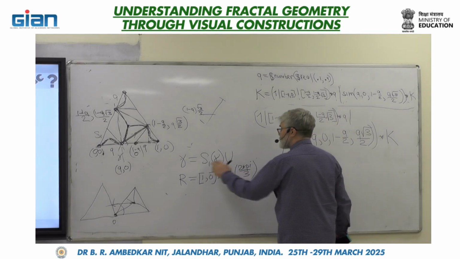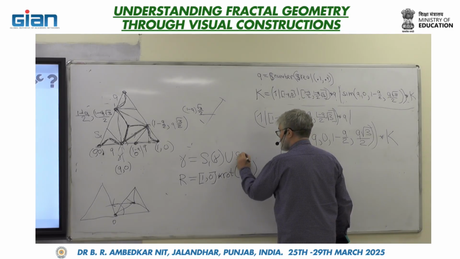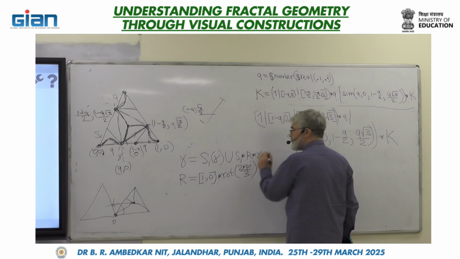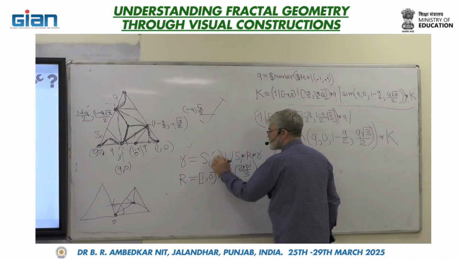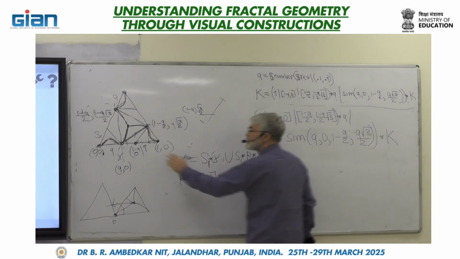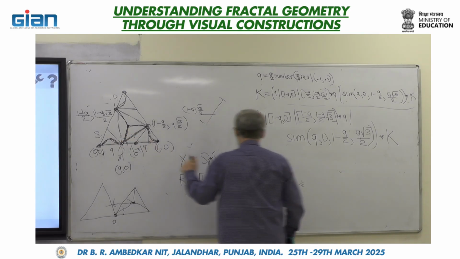So it will be S1 of gamma union S1 multiplied by R multiplied by gamma. So it will be S1 multiplied by gamma union S1 multiplied by 1 by R of gamma.